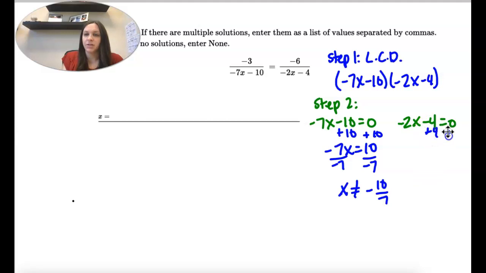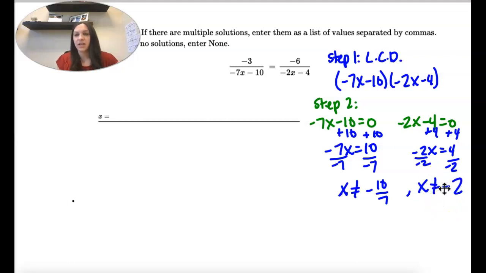And then I'm going to do the same thing over here, add 4 to both sides, divide by negative 2. This simplifies to negative 2. So x cannot equal negative 2 or negative 10 over 7.